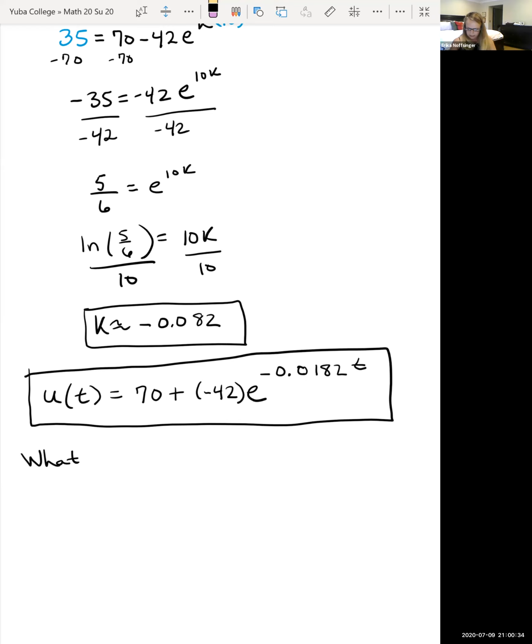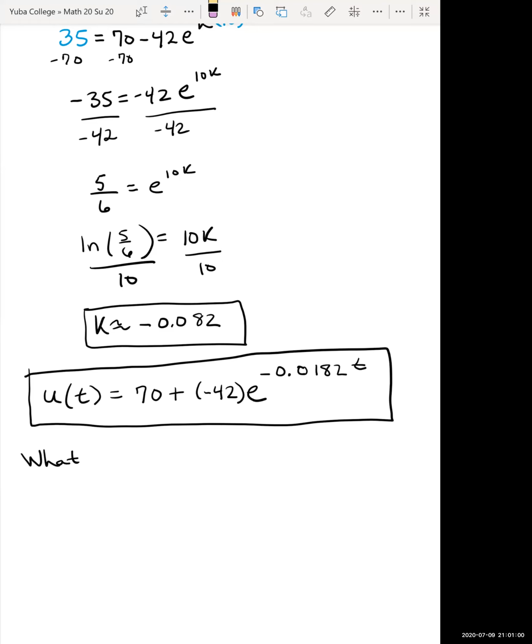I got negative 0.0182, but let me go back and recheck it. So natural log of 5 divided by 6. And then I take that answer and I divide it by 10. Negative 0.0182.